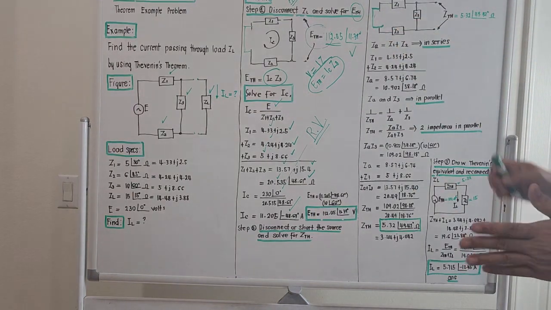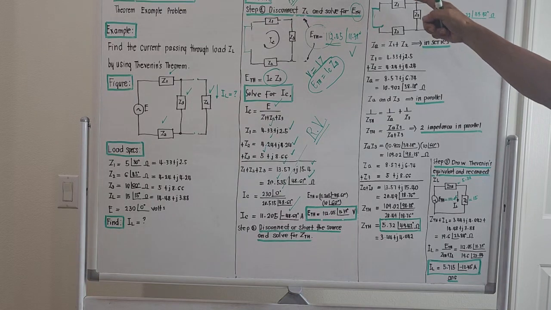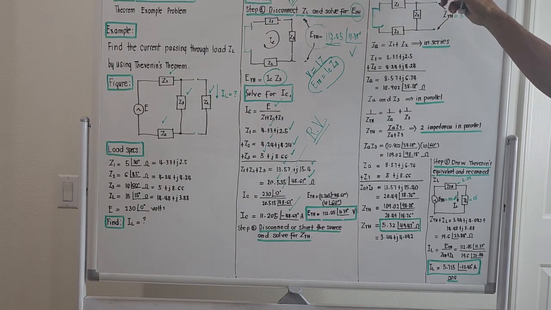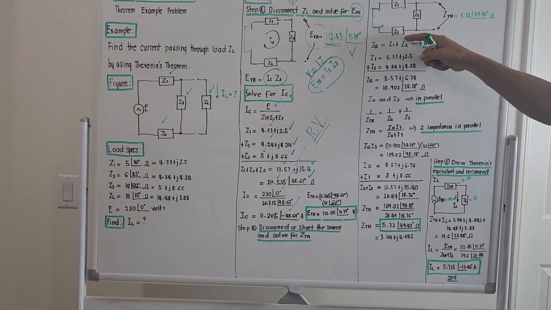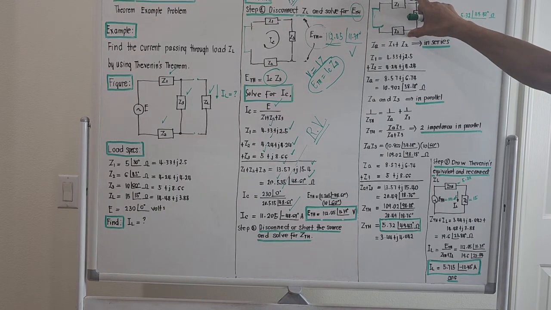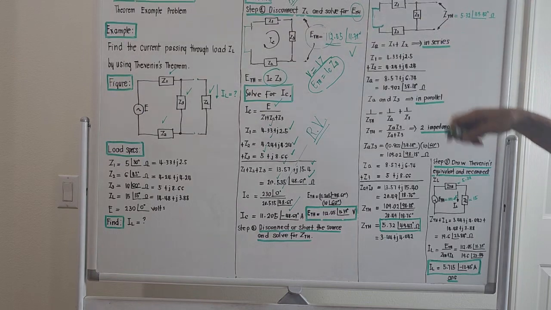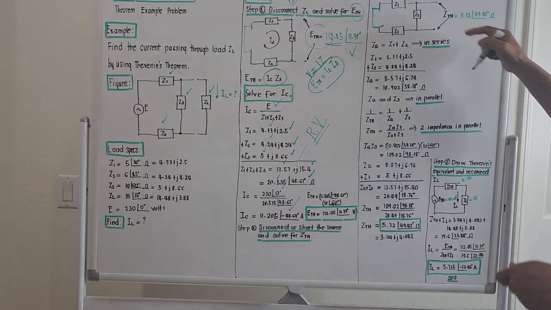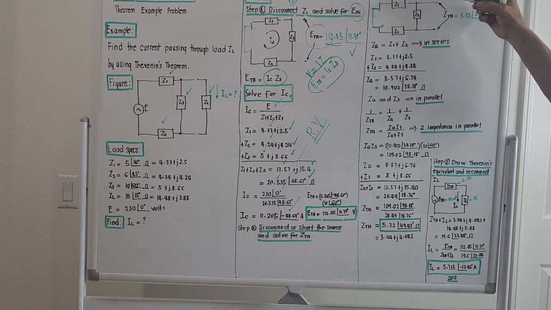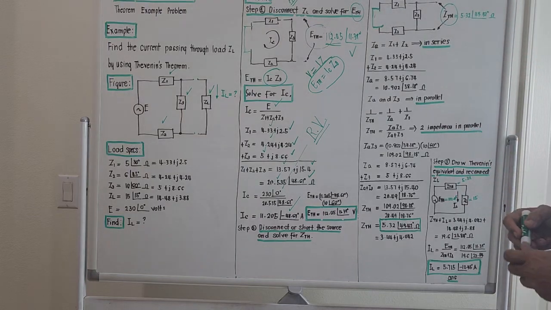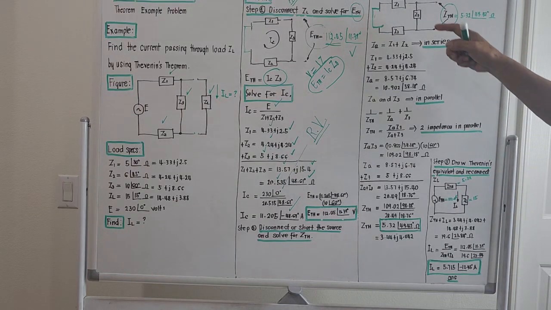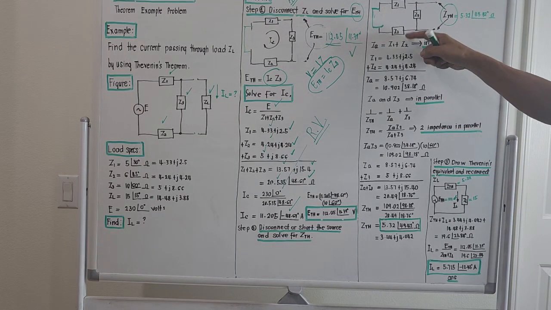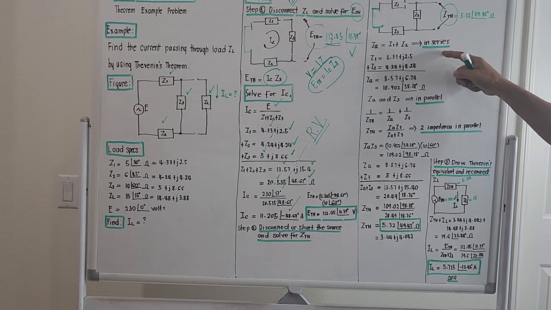So what comes out are just simply 3 impedances, and luckily Z1 and Z2 are in series, and the single equivalent of this is in parallel with this. So to compute for the Thevenin's open circuit impedance, okay, we try to combine first Z1 and Z2. Z1 and Z2 are in series, right?